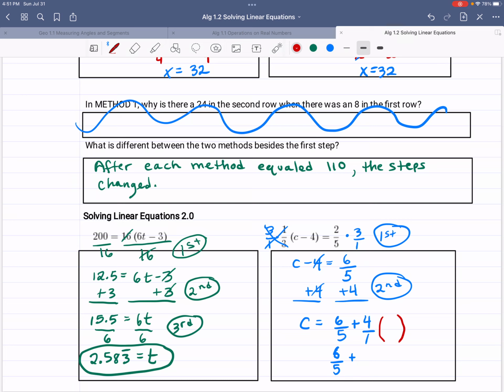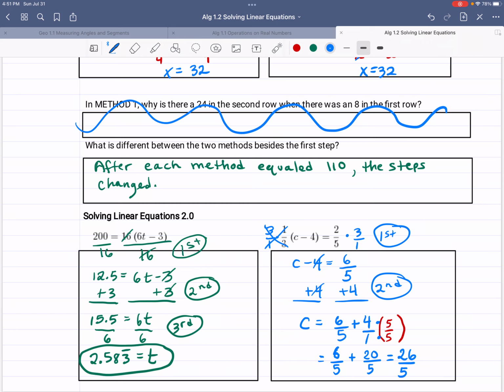So I'm going to multiply this times 5/5. And when we do that, 4 times 5 is 20, and 1 times 5 is 5. And then we can add those together and we get 26/5. And so that is what c equals.